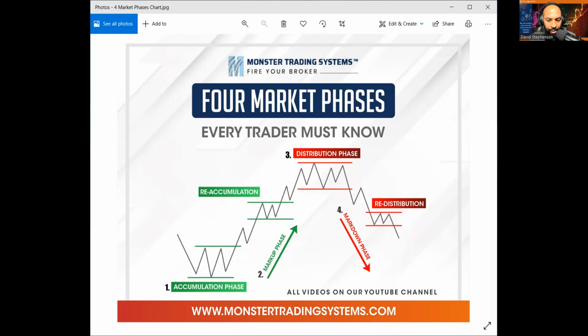We'll go through some examples, so don't expect to get this right away, but we have to practice. We want to get to the point where, with the naked eye, if we just see a chart, we'll know right away what phase we're in. This is very, very important.